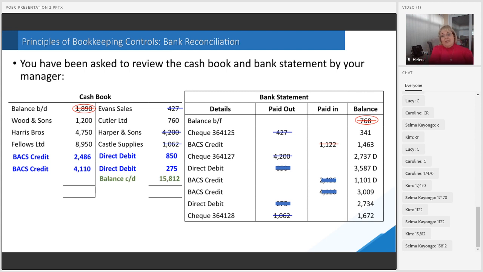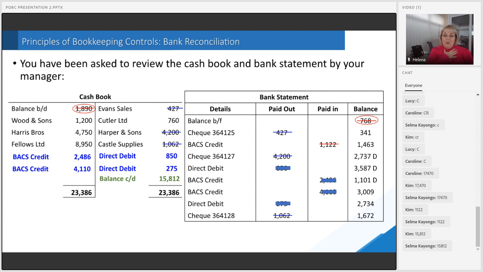Yeah, and ultimately that will be transitioned as a balance brought down on the debit side of the cash book. So you added up your debits, you took away your credits because the credit was the smaller side. The balance carried down was a credit, transitioning to a balance brought down as a debit. So that means, according to my cash book, I think I've got £15,812 in my cash book.